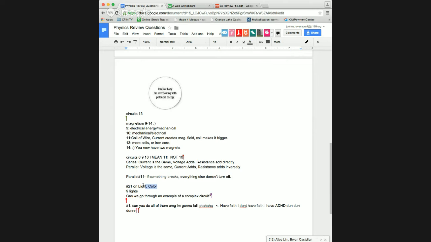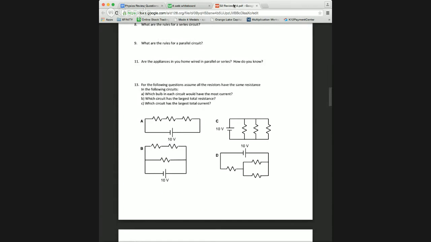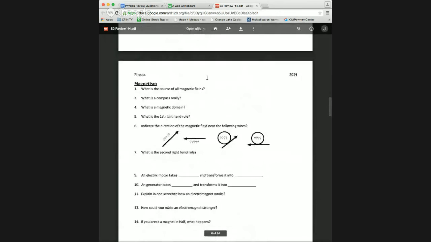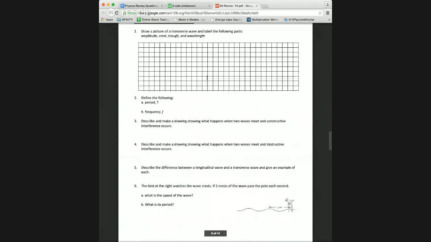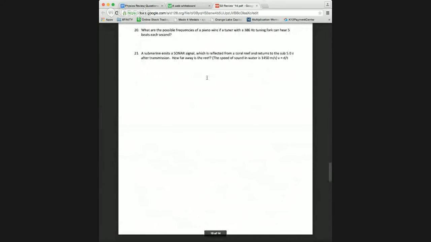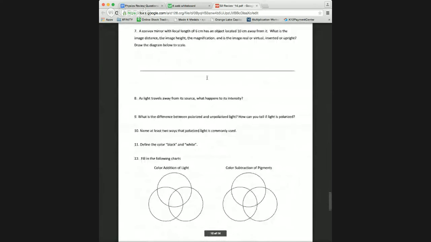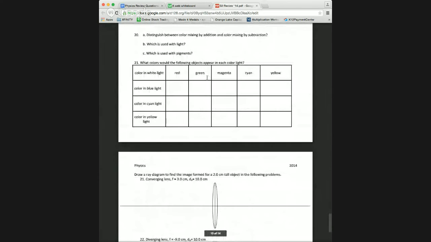We're right here, number 21 on light and color.